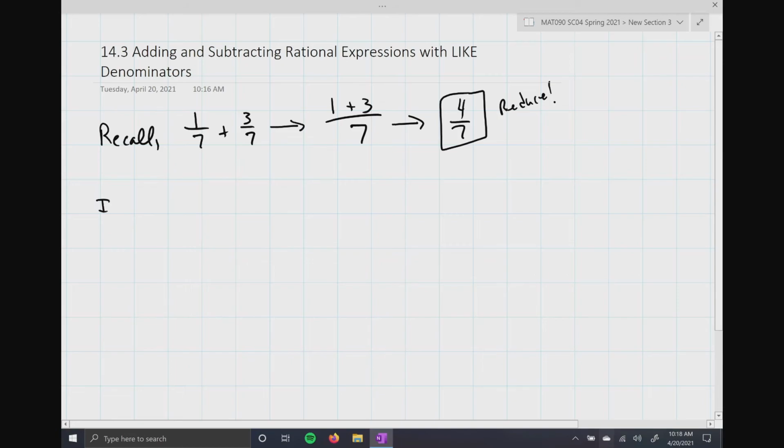So if P over R and Q over R are polynomial expressions, or write that a little cleaner. Did I say polynomial expressions? I meant rational expressions. Then, this is what you have.